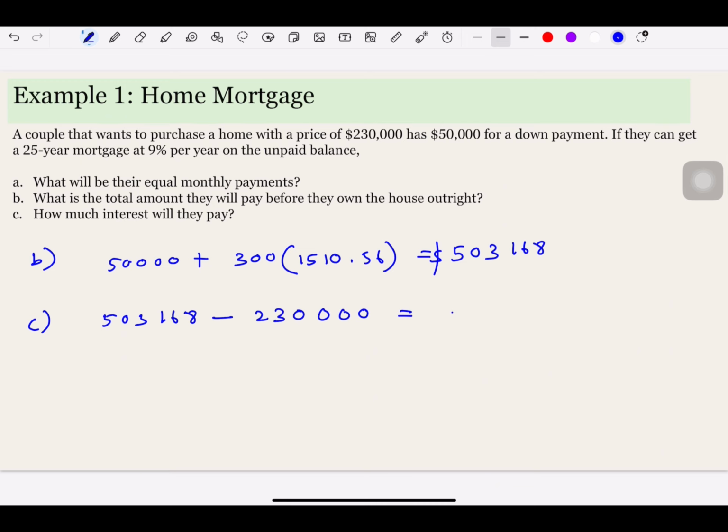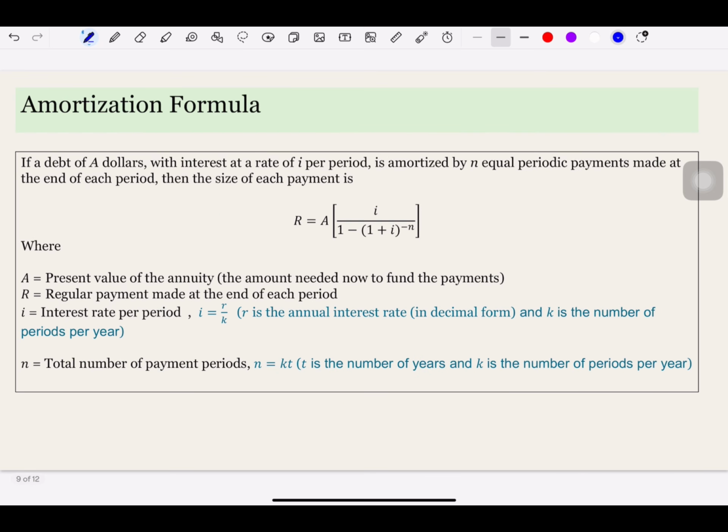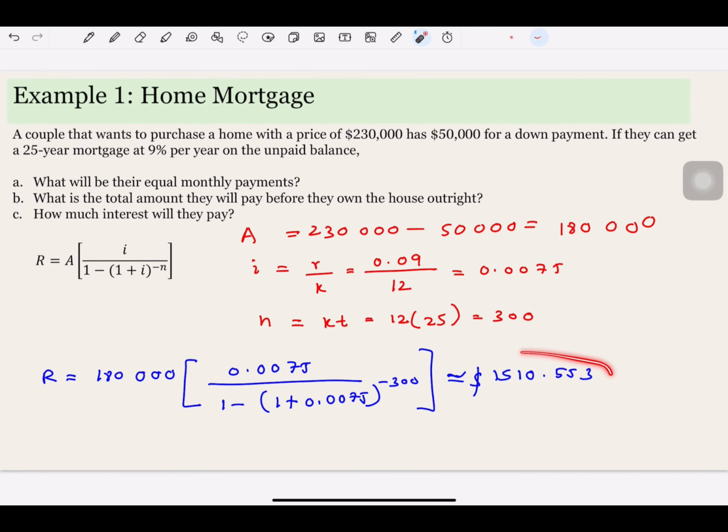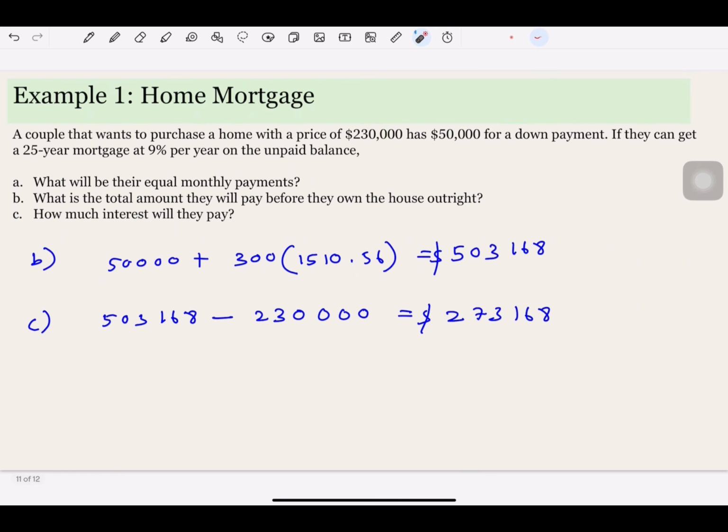If you subtract this value, you'll get $273,168. So in summary, the couple pays this monthly payment for 25 years, and over 25 years they will pay a total of this much, and this much will be the interest.